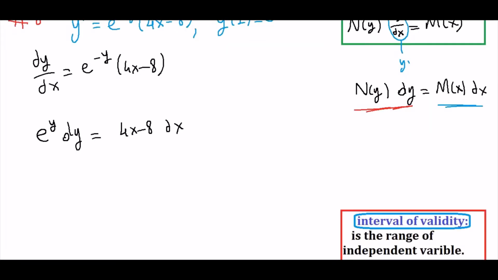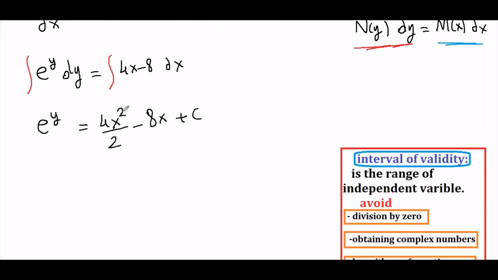Now we can integrate on both sides. The antiderivative of e to the y is e to the y, and the antiderivative of 4x is 4x squared divided by 2. The antiderivative of 8 is 8x, plus c. If we simplify, we obtain e to the y is equal to 2x squared minus 8x plus c. This is our implicit solution.